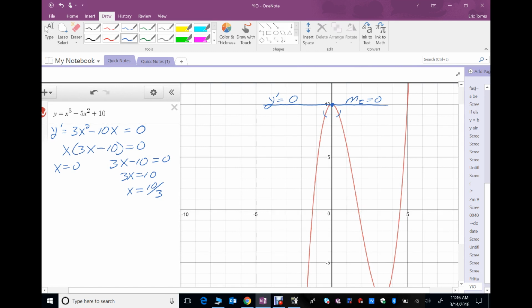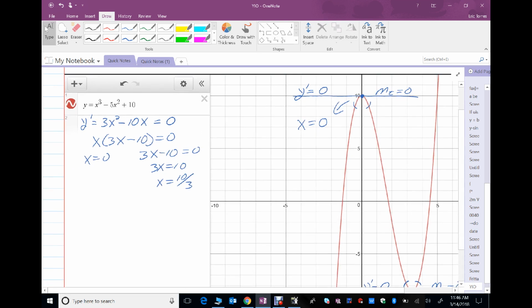Clearly, my local max is going to occur at x equals 0. To find out how high, or what is that maximum value, that local maximum, I need to plug that into the original function to get the y value.